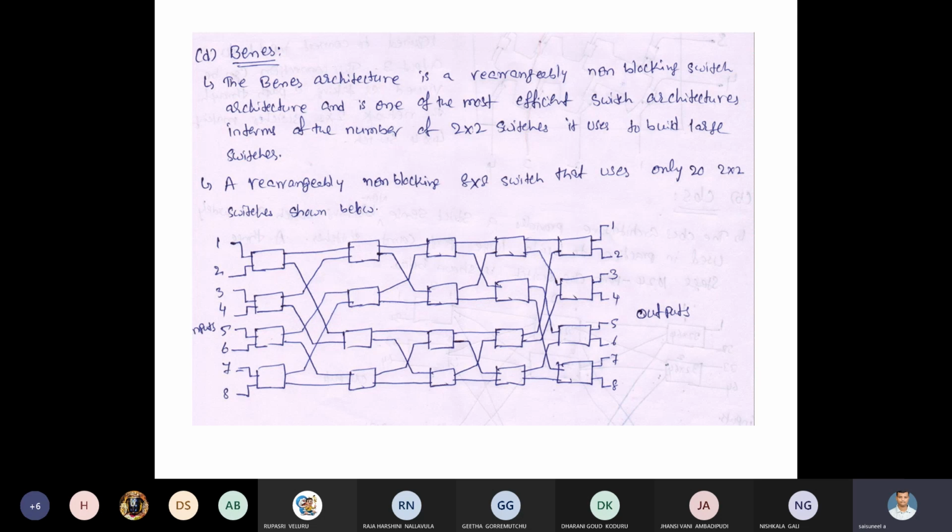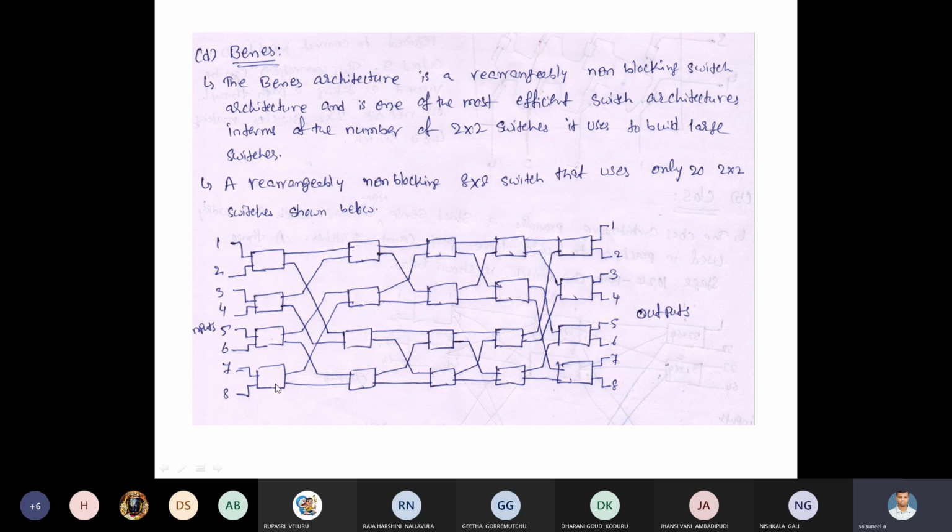The best example of this Benes network is a non-blocking 8x8 switch, that is, 8 input customers and 8 output customers. For designing this, we have to design in 5 stages. For each pair of customers we use one 2x2 switch.